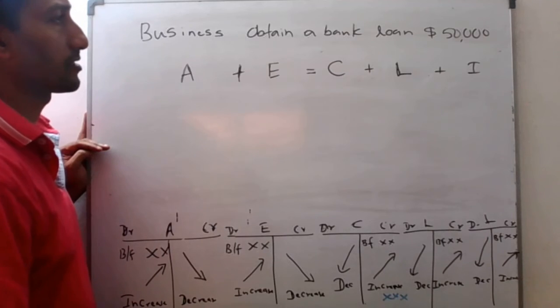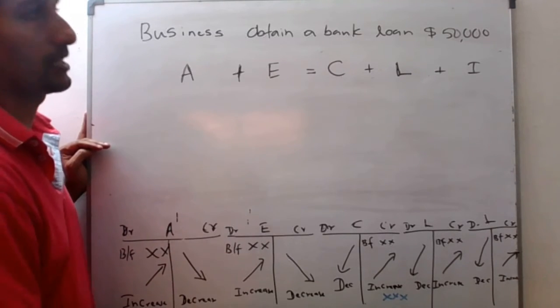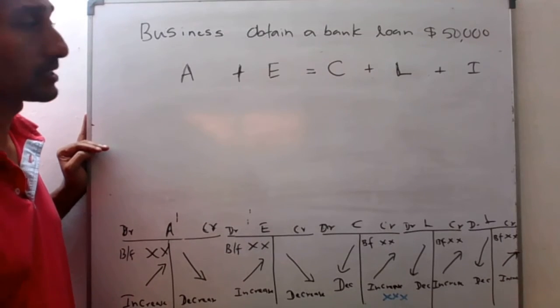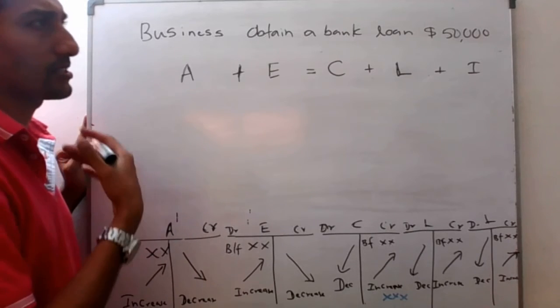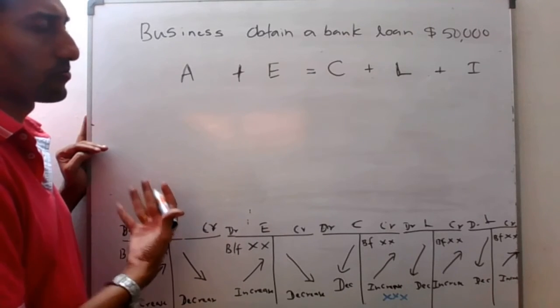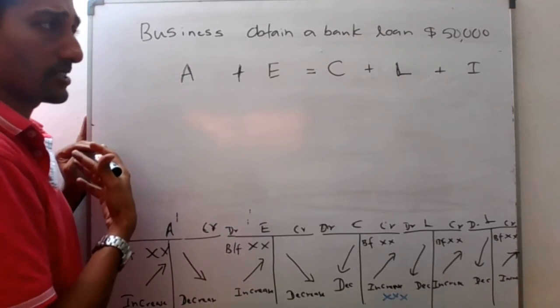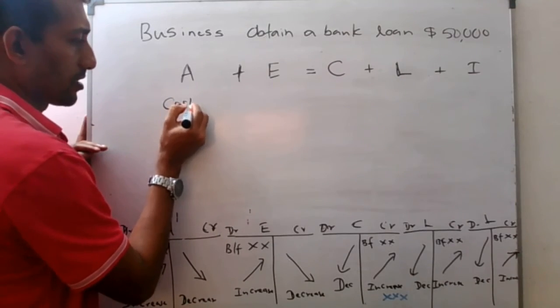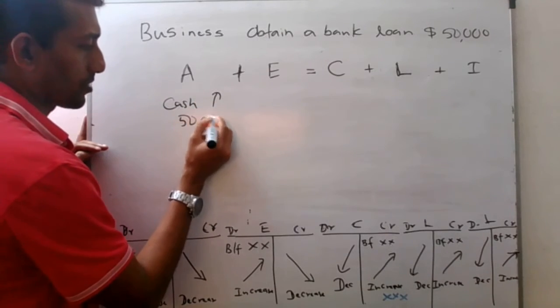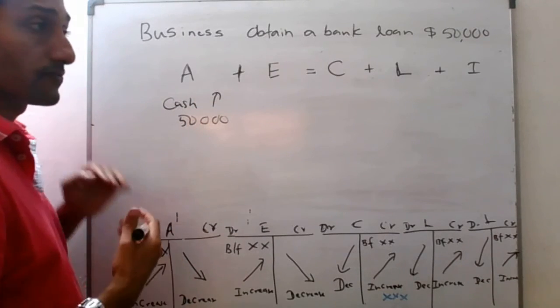Right, let's learn another transaction. Business obtained a bank loan of $50,000. So when the business took a bank loan, what is the effect to the accounting equation? So obviously we are receiving money, so your cash is going to go up by 50,000, and we have to pay that.